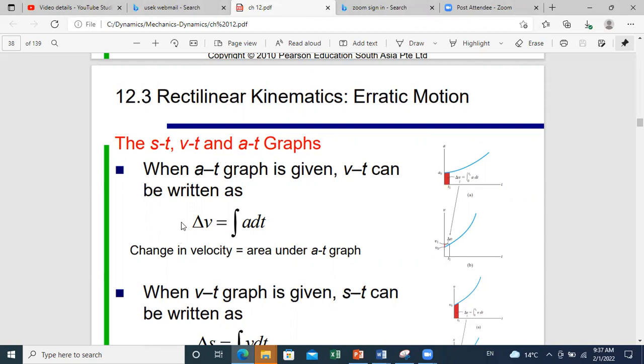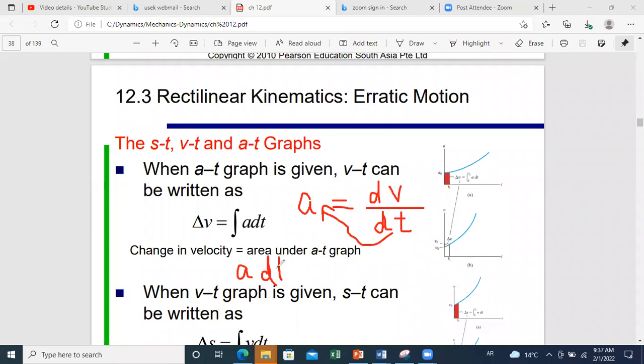We know that a equals dv by dt. And since the graph of a is provided as a function of time, I can take dt to the other side and say that a dt is equal to dv.